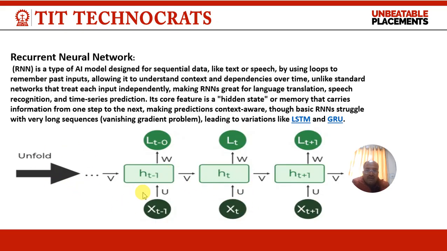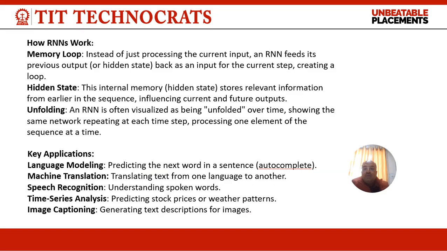You can see here each perceptron takes individual inputs xt to xt plus 1. The unique ability of RNN is to remember past data using the loop.